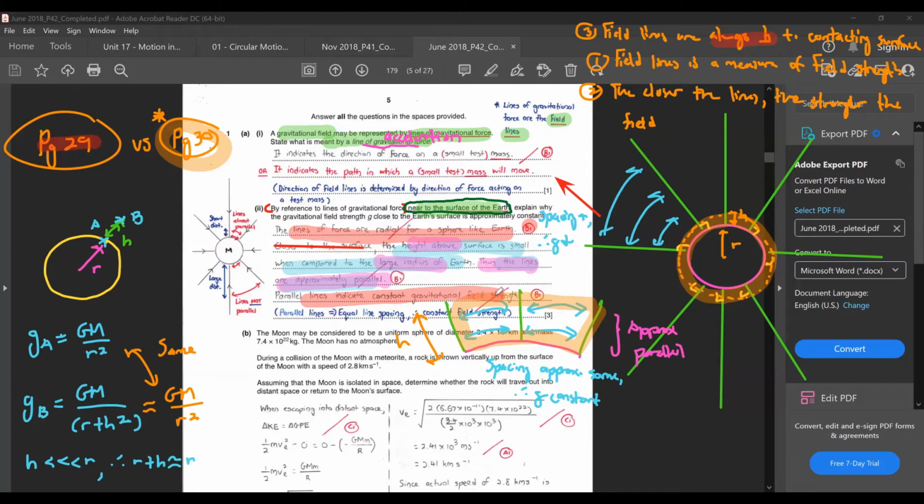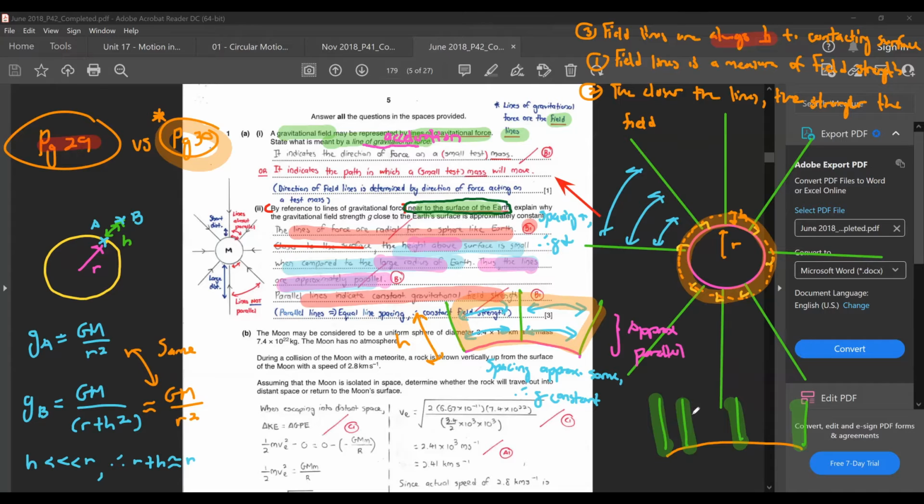okay? For some reason, they would just say that all parallel lines, and for your marking scheme, whenever they say parallel lines, they always assume that the line spacing is equal. Some people, if they think a bit further, may argue that if I have something like this one versus this one, these four lines are also considered to be parallel.